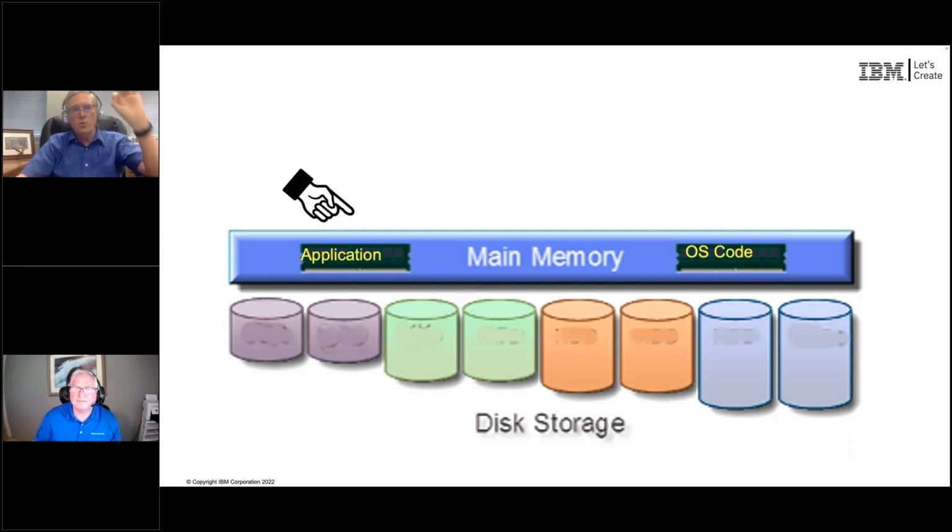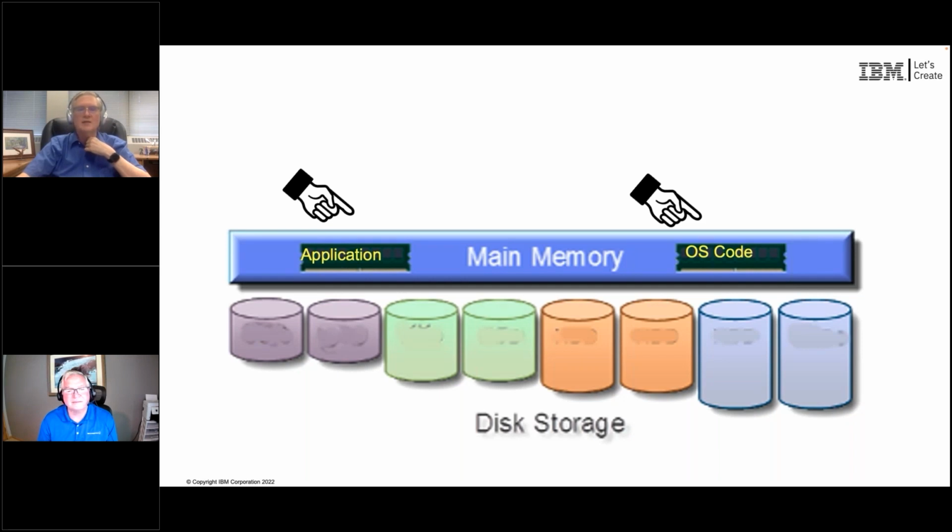So if you have a pointer that your application needs because you're running a C application, what's to keep you from doing some pointer math, adding a whole bunch, subtracting a whole bunch, and somehow ending up in somebody else's storage? Okay, which was certainly possible. What's going to keep you from doing that? Well, in the original AS400 release one, there was nothing that would keep you from doing that.